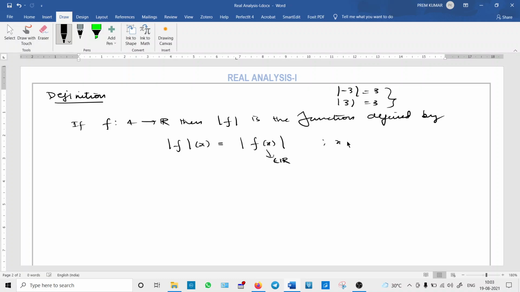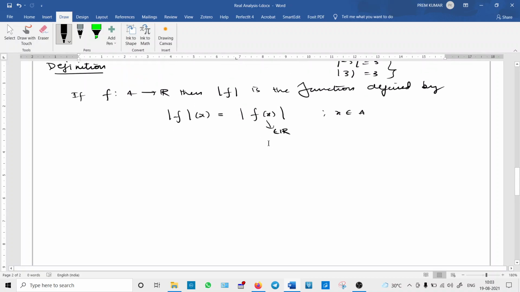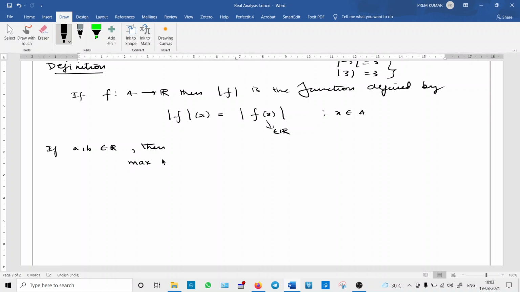This is true for every element of the domain, and we have studied this formula. If a and b are any two real numbers, how to find the maximum of two real numbers? What's the formula available? The absolute difference between a and b, plus the sum of a plus b, divided by 2.